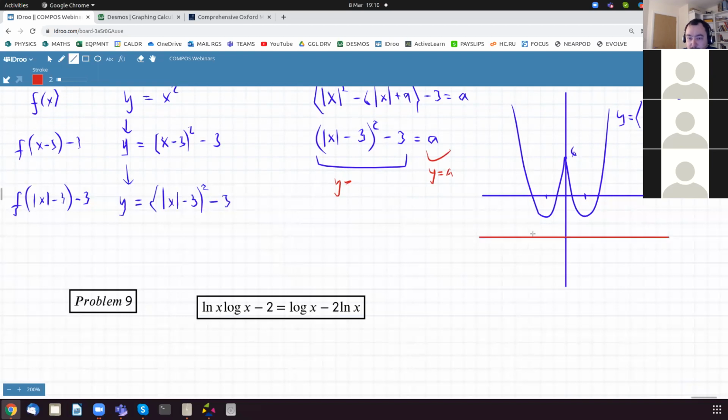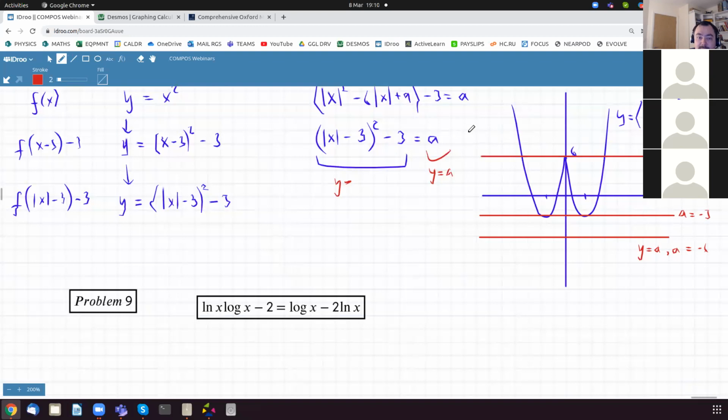So this is, for example, when y is a, when a is equal to -3. This is another critical value where a is 6.